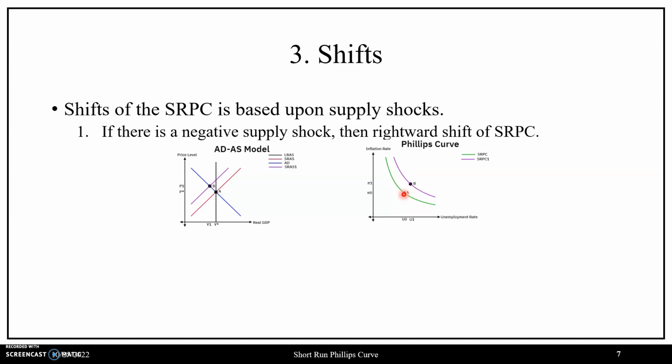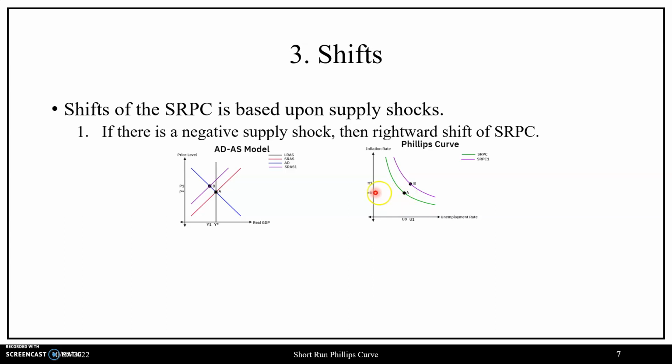Well, if the economy was initially at point A, at the unemployment rate U0, and at the inflation rate pi 0, we need to be able to demonstrate an increase in unemployment in terms of its rate, as well as an increase in the inflation rate, where movement to the left or the right of the short-run Phillips curve will not generate this, but instead the entire curve will shift.